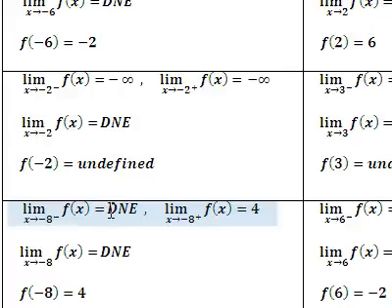It doesn't exist because there's no graph associated with it coming in from the left. Coming in from the right hand side at -8, the y value is 4. These are not equal, therefore the limit doesn't exist. However, this limit must exist for this even to be continuous, and even then they both have to be equal.